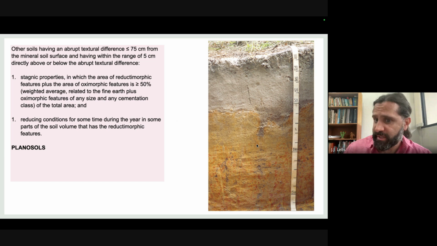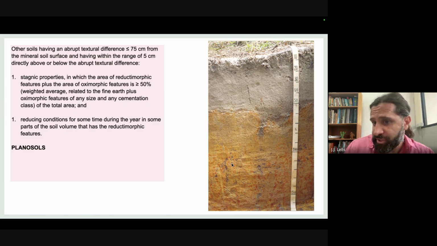So we can see in some cases some gray colors and in some cases some yellowish or reddish colors. In this photo, you can see very easily these reddish colors showing that we have stagnic properties, but in this case we have more oxymorphic features.